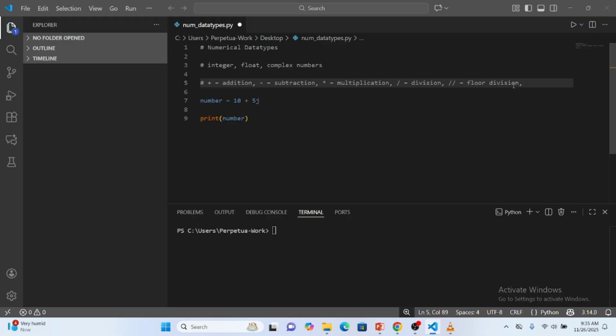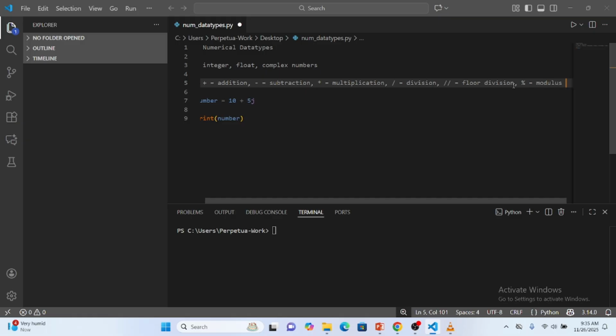And we also have the percentage sign that is used to find the modulus. And I explained this modulus in that module, and I explained that the modulus of a number is the remainder of a number after a division. So when you divide 5 by 2, you are going to get 2 and 1 will be left. So remainder 1. So that 1 is the modulus.